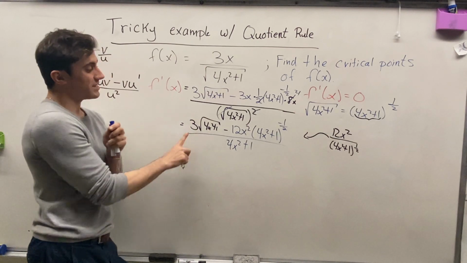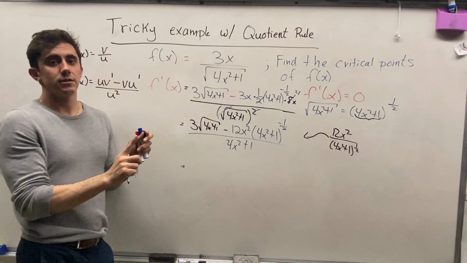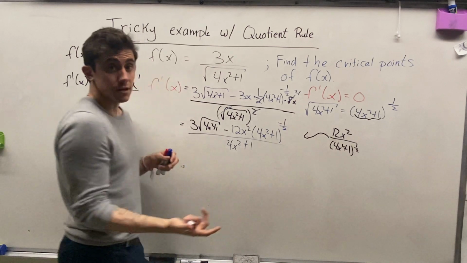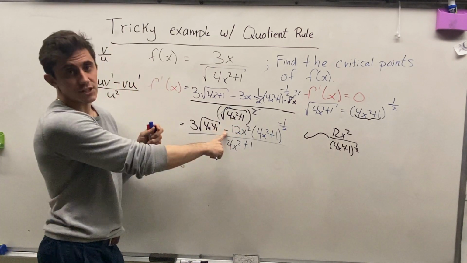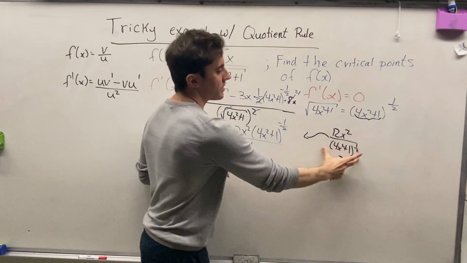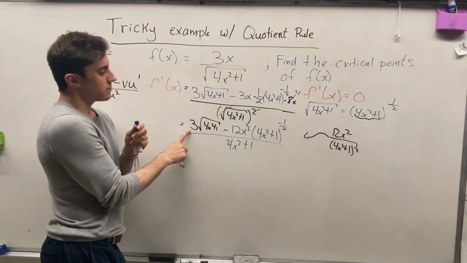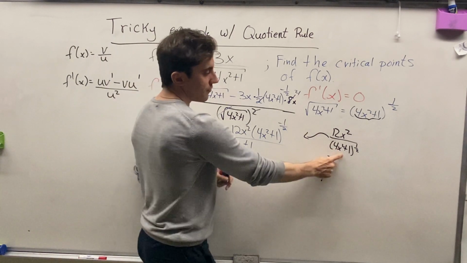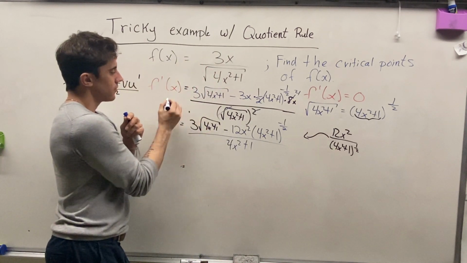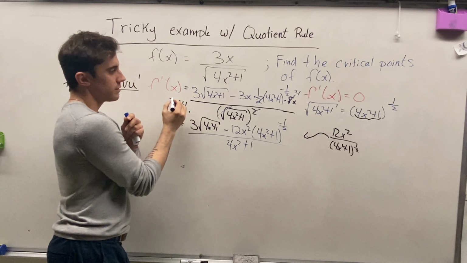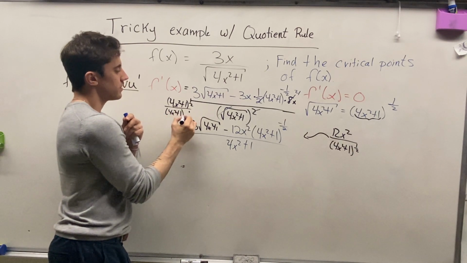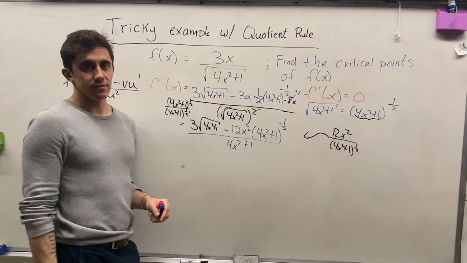Now, we would ideally like to combine the two terms in our numerator, but this first term here doesn't have a denominator at all. So if we do want to combine both terms through subtraction, we need a common denominator, right? We've always learned that to combine fractions, we need a common denominator. And so we could get a common denominator for our first term of 4x squared plus 1 to the power of 1/2, as long as we multiply this entire term by 4x squared plus 1 to the power of 1/2 over 4x squared plus 1 to the power of 1/2.